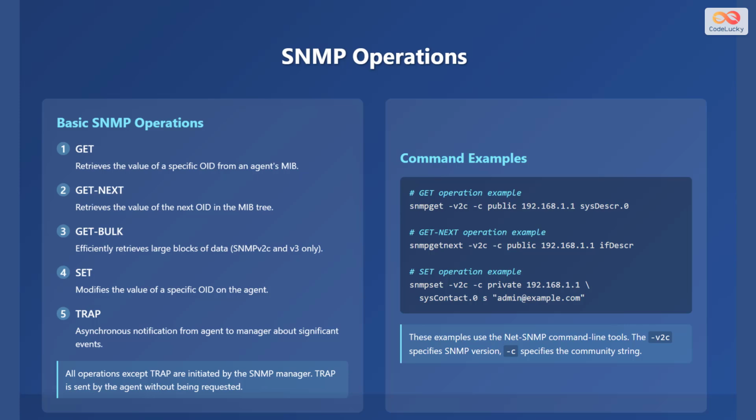The command snmpset -v2c -c private 192.168.1.1 sysContact.0 s admin@example.com is used for the SET operation. These examples use the Net-SNMP command line tools. Option -v2c specifies the SNMP version, option -c specifies the community string.